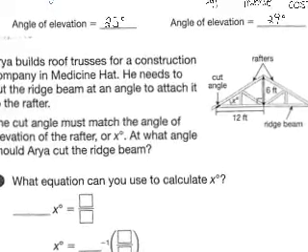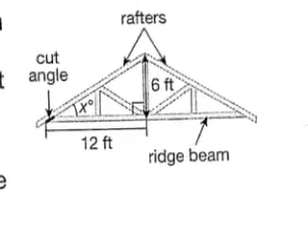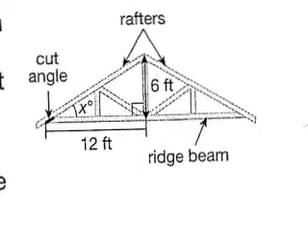All right, so we're going to take a look at the example that they give here. Area builds roof trusses for a construction company in Medicine Hat. He needs to cut the ridge beam at an angle to attach it to the rafter. So the cut angle must match the angle of elevation of the rafter, or x. At what angle should Area cut the ridge beam? So if we take a look here, we've got our piece of information about the rafters.